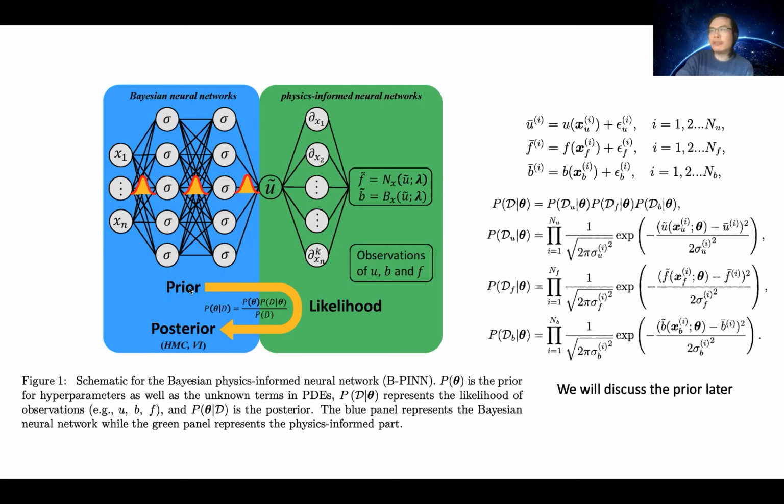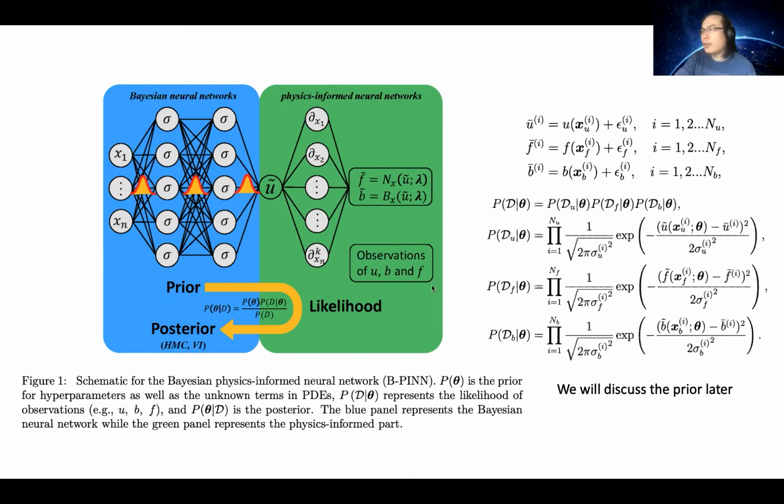First we set the prior on all the parameters, and we define the likelihood, and then we can get the posterior. Although you have an unnormalized expression, you need some sampling techniques to get samples of the posterior, and then you can use the samples to get the mean and standard deviation of the output.